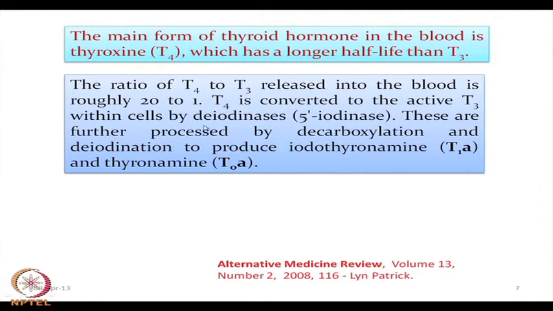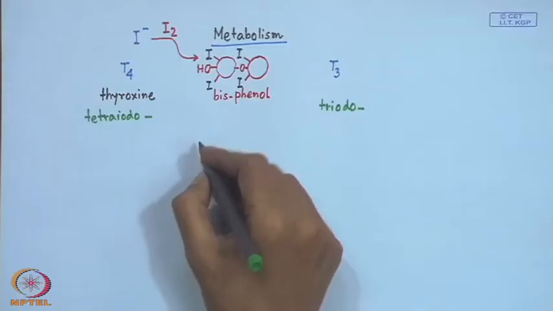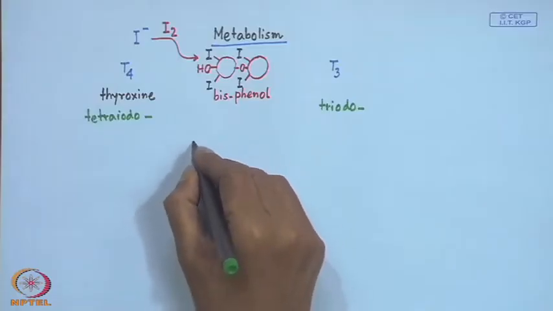This is known as deiodinase, responsible for the deiodination reaction. The deiodinase takes out the 5' iodine group from T4.